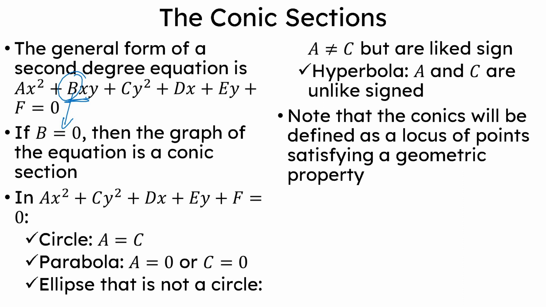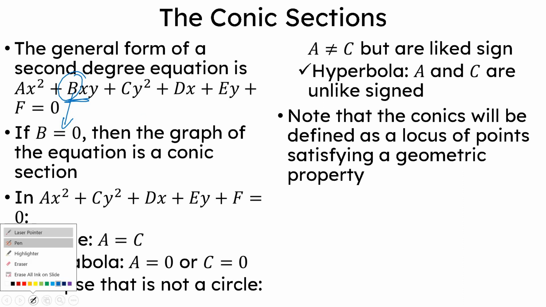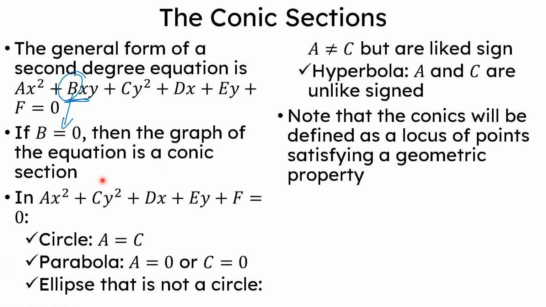So, hindi na siya sinusulat. Once that happens, then we are sure that this is now a graph of a conic section. Therefore, it will look like this: ax squared plus cy squared plus dx plus ey plus f equals 0. So, ito ngayon, if you see this equation without the xy term, then the second degree equation is an equation of a conic or a conic section.